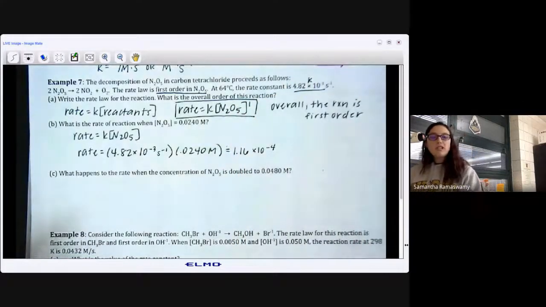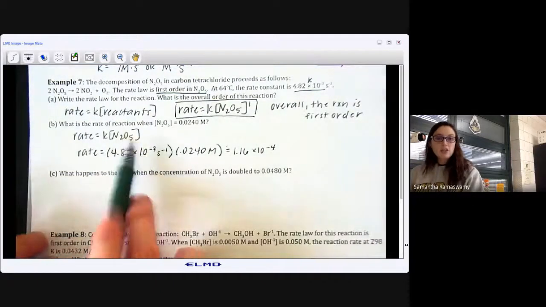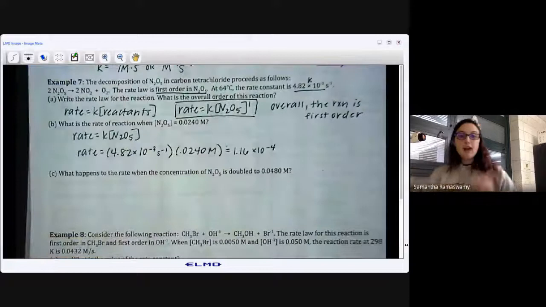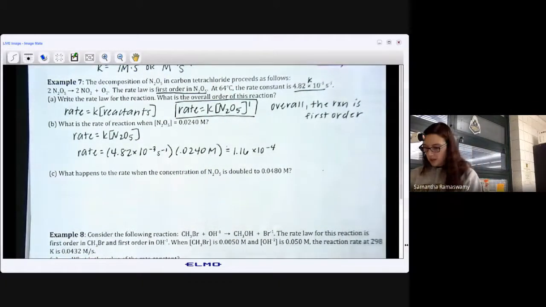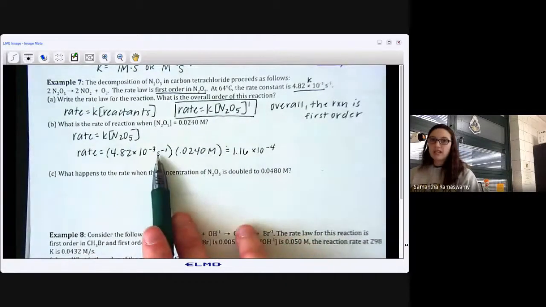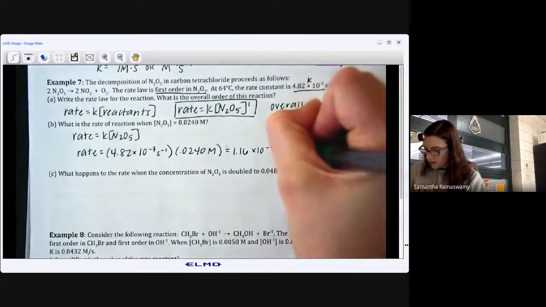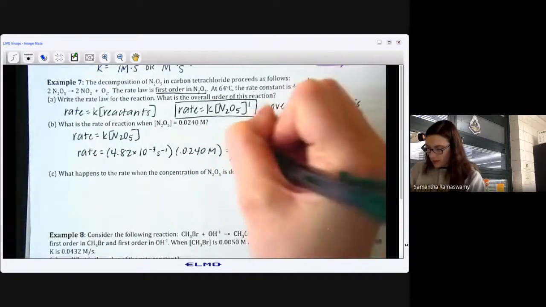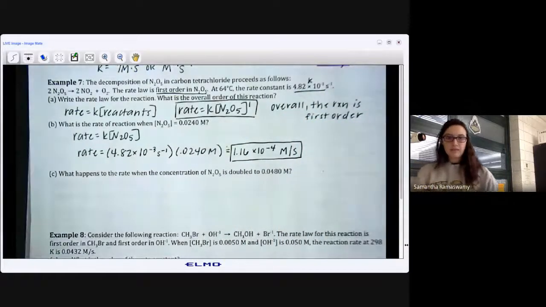So by using the rate law, we can plug in concentration and figure out what the rate would be. What would the initial rate be? Now, if we look at our units, we have molar times per second. So that's molar over seconds, which is what we expect because rate is given in molar per second.